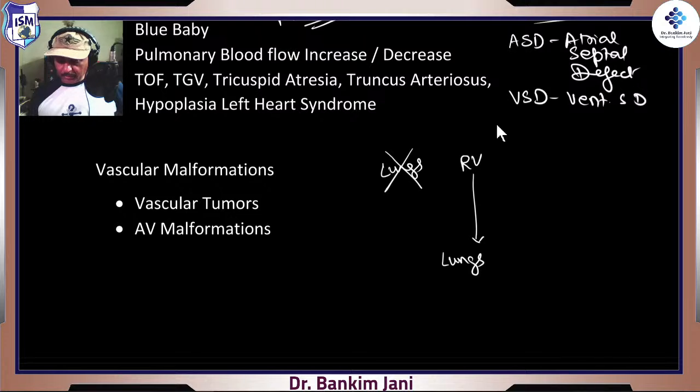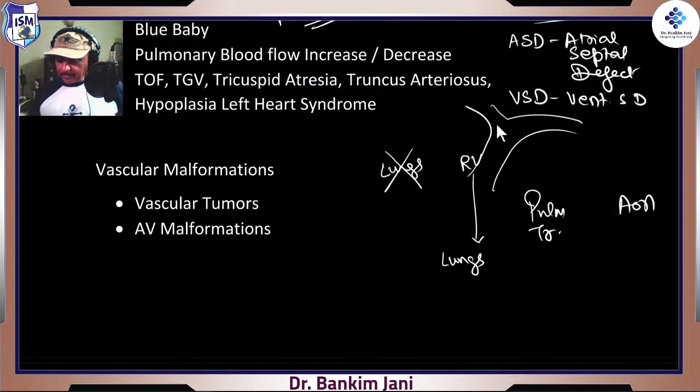So what do we do? The pulmonary trunk, as it emerges and goes to both sides, creates a channel. So a channel is created between the pulmonary trunk and the aorta, so that blood is shunted into the aorta. When this blood is shunted, it will not be going to the lungs, and this path is called the ductus arteriosus, right?